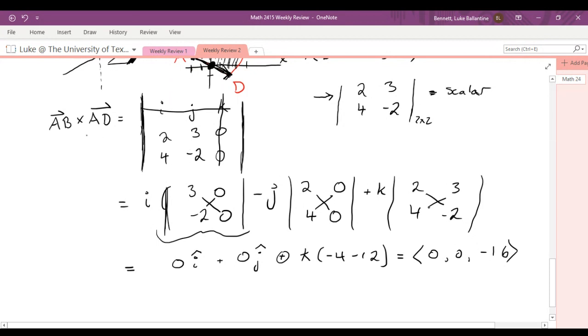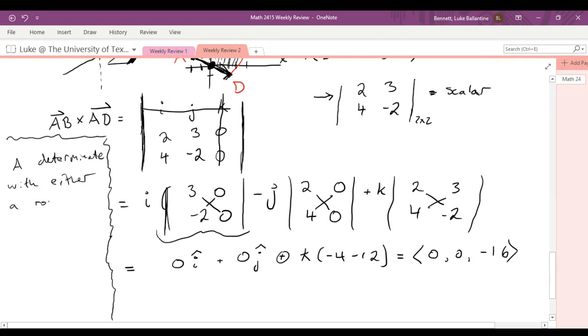I'm going to give you a little trick for determinants. I guess we learned this in linear algebra, but a determinant with either a row or column of all zeros is 0.